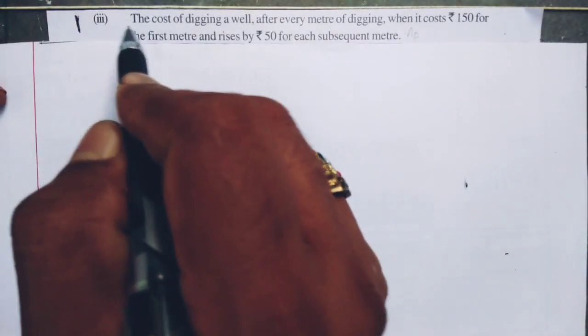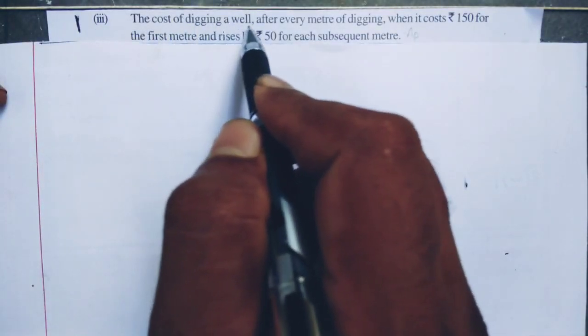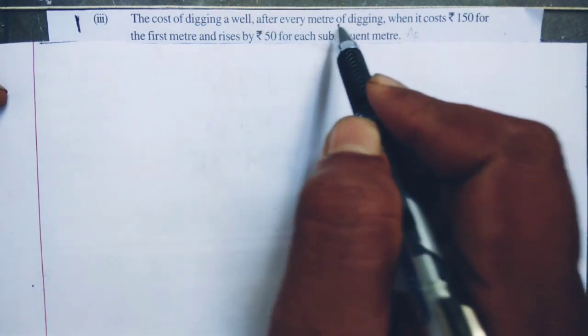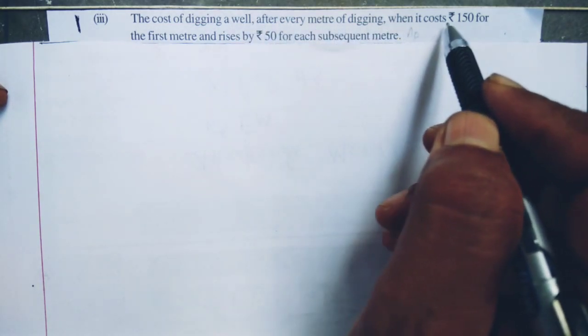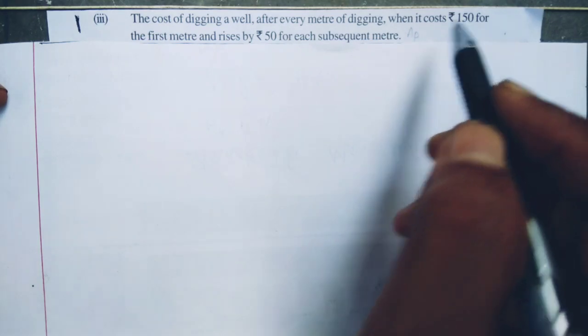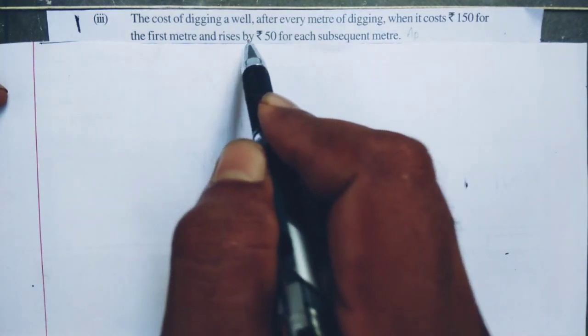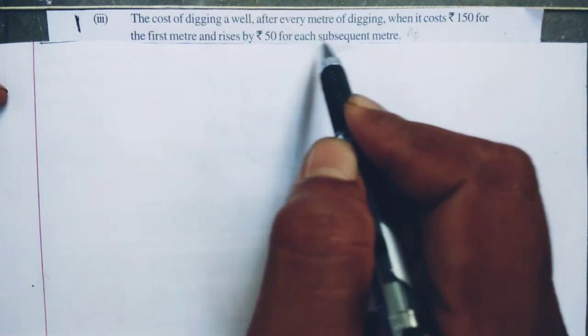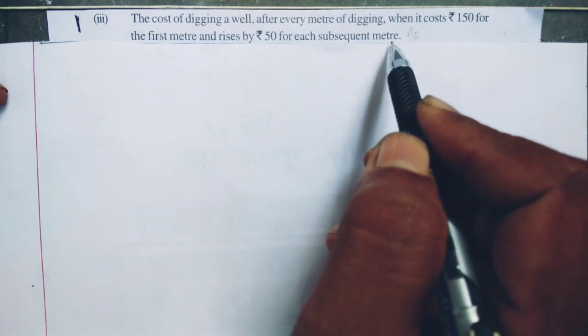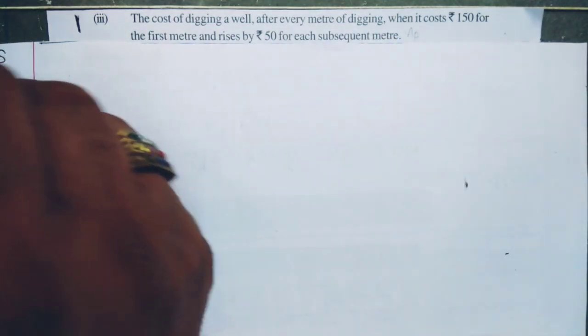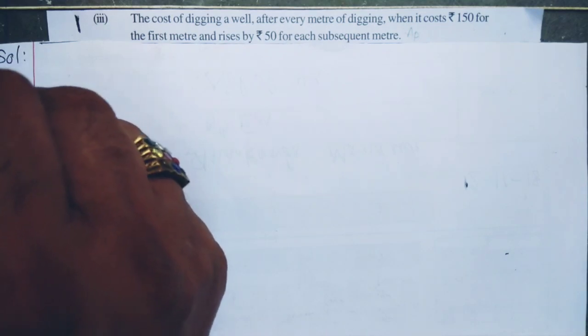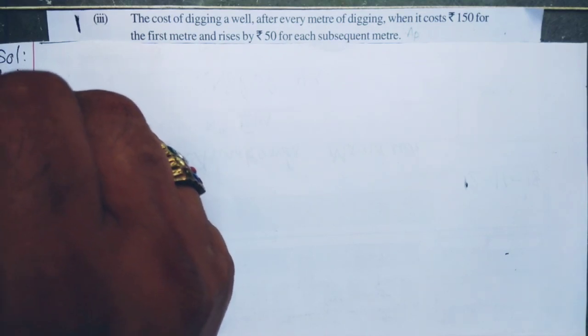First bit, third problem. The cost of digging a well after every meter of digging, when it costs 150 rupees for the first meter and raises by 50 rupees for each subsequent meter. Solution for first bit, third problem.